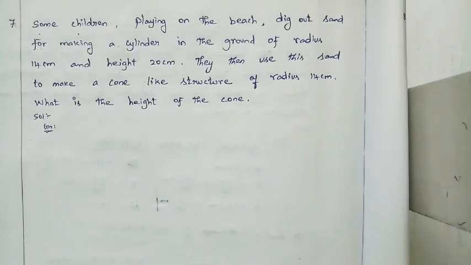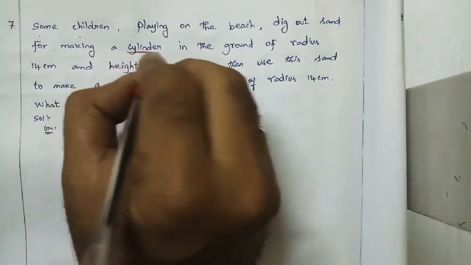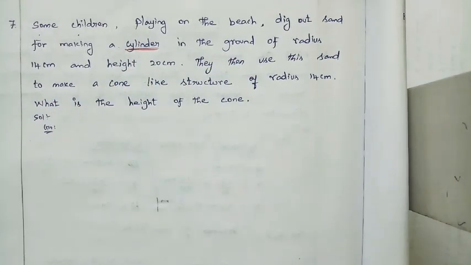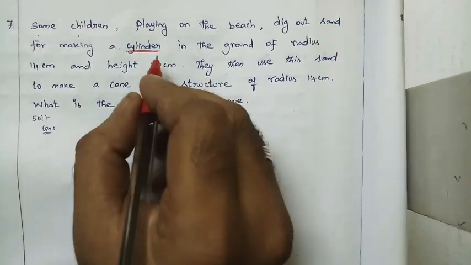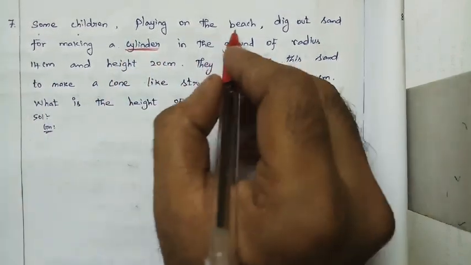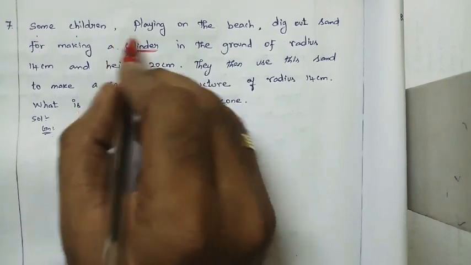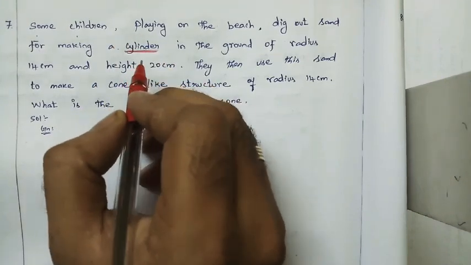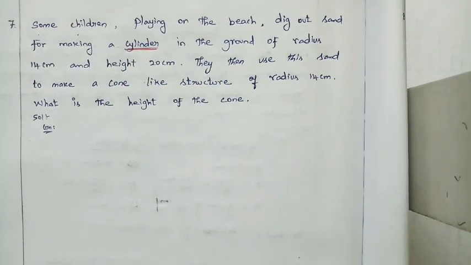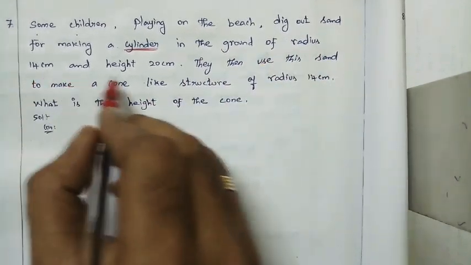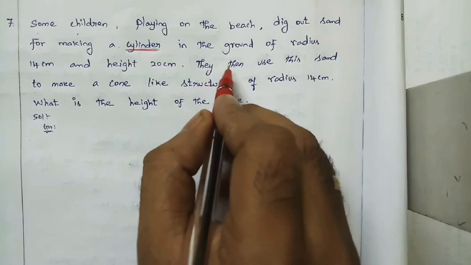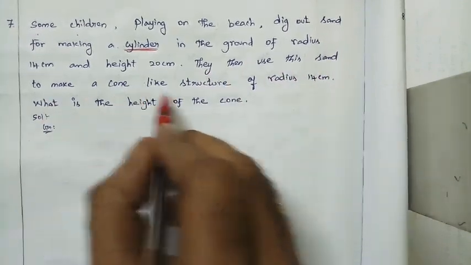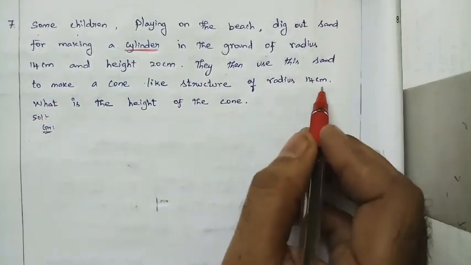They will get sand in terms of the volume of a cylinder. Cylinder shape, so they will get a cylinder of sand in the ground of radius 14 centimeter and height 20 centimeter. They then use this sand to make a cone-like structure of radius 14 centimeter.